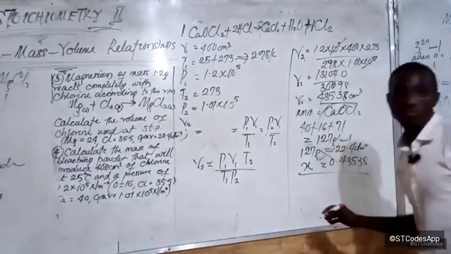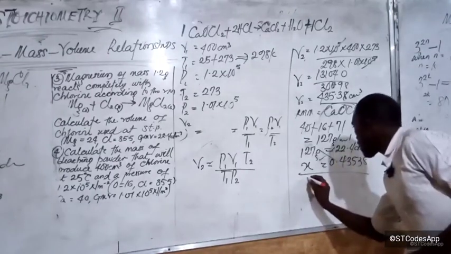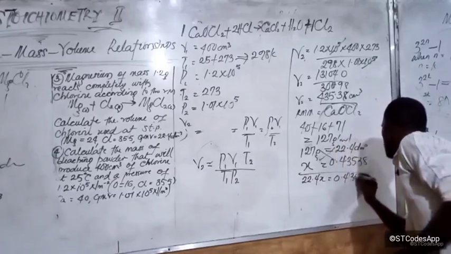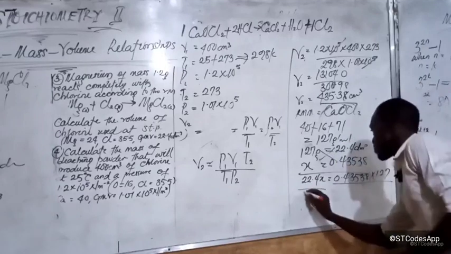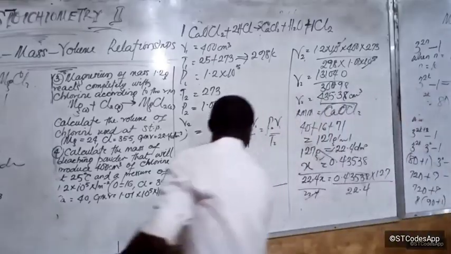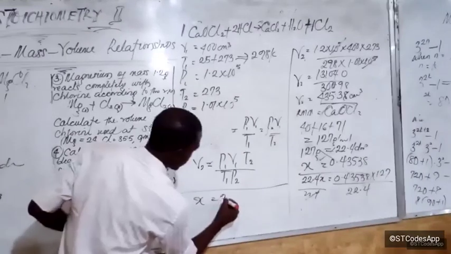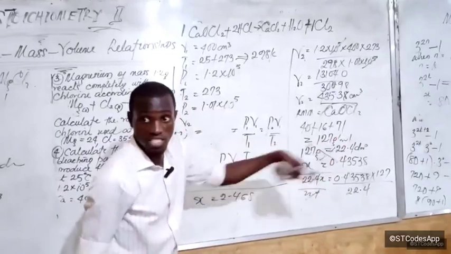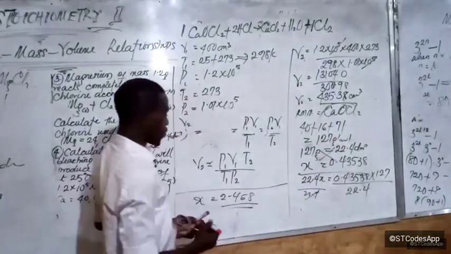So that we have 22.4x is equal to 0.43538 by 127. Now, divide both sides by 22.4. We're going to have x will be equal to 2.468.